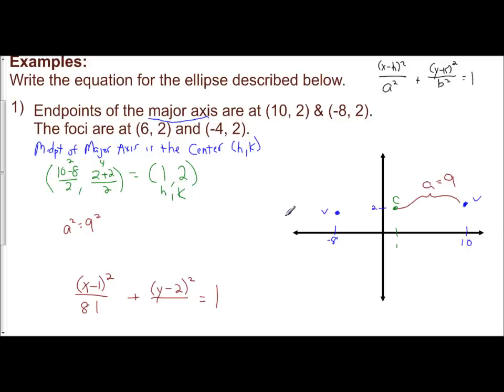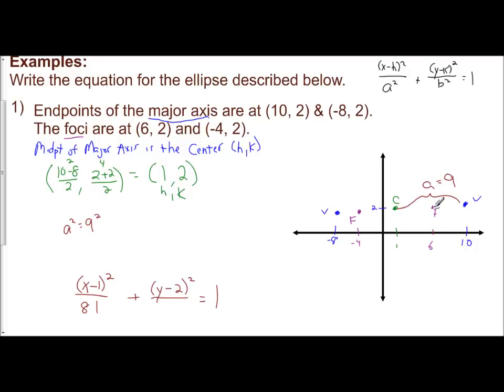Now b is the distance from the center to the vertices on the vertical axis, but that's not what's given to me. What's given to me is the location of the foci. And the foci are on the major axis as well. Now here the foci are located at (-4, 2) and at (6, 2).